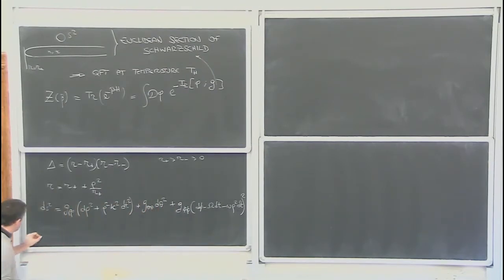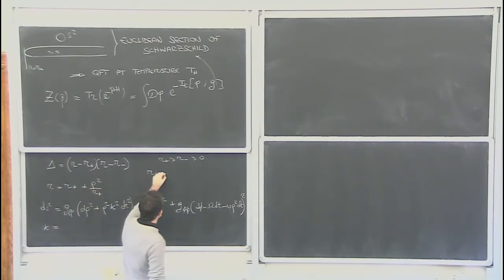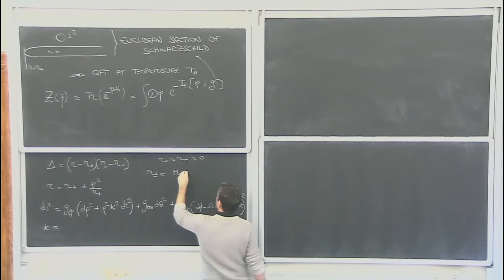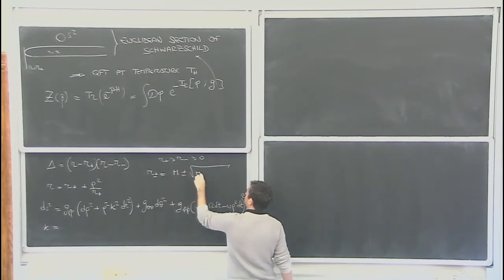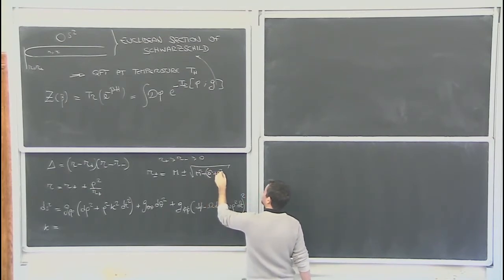Let me remind you what the surface gravity was in this case. It was expressed in terms of these roots r₊ and r₋. Just to remind you, r₊ and r₋ were functions: m plus or minus the square root of m² minus a² minus q². Sorry, there was a minus here, a² plus q².